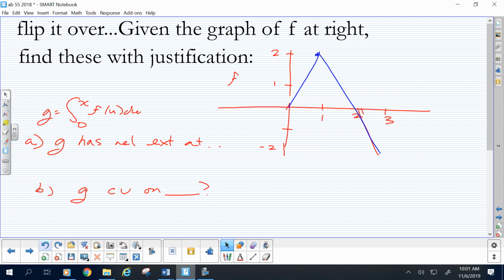Let's go with just the open interval, by the way. Don't worry about the endpoints. Just interior relative extrema.